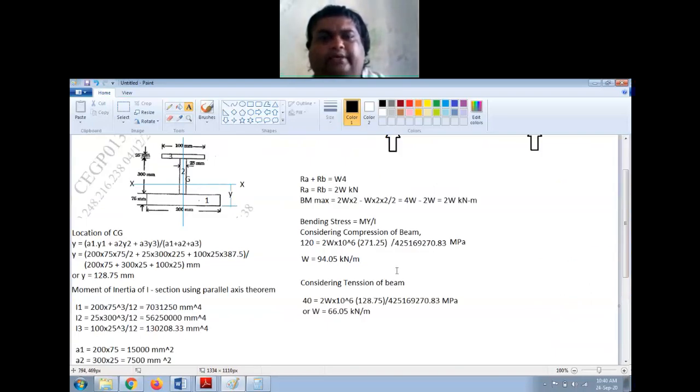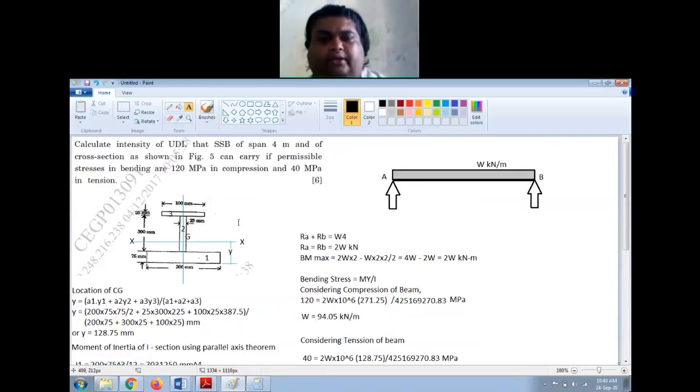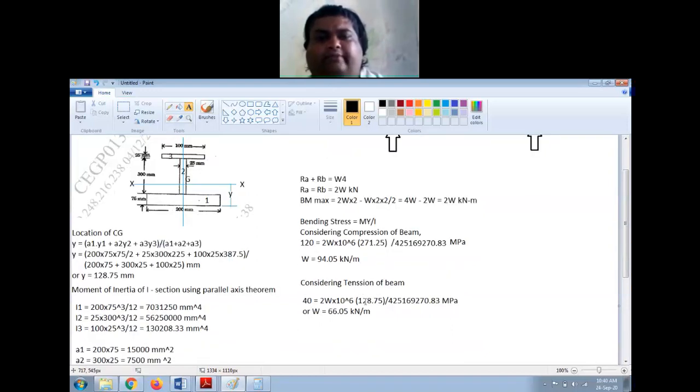Okay, now I have a question. By considering the compression in the beam, the load that I have is 94.05 kilonewton per meter, and considering the tensile stress in the beam, the load that can be there on the beam is 66.05. Of this, which one should we choose?